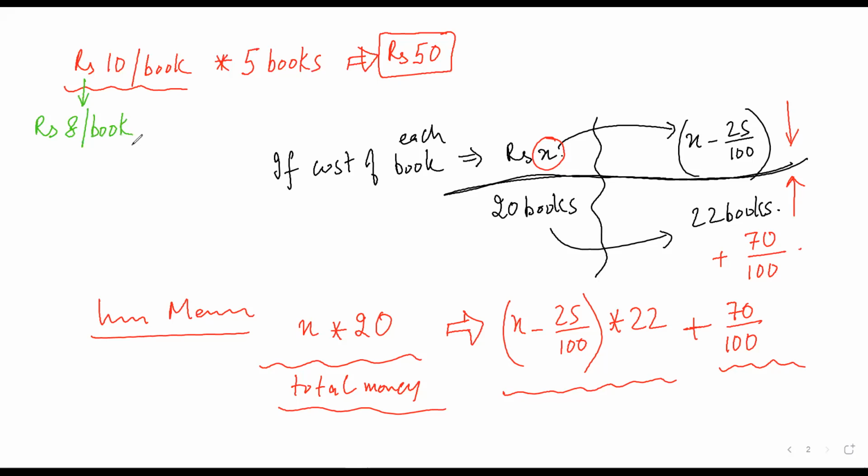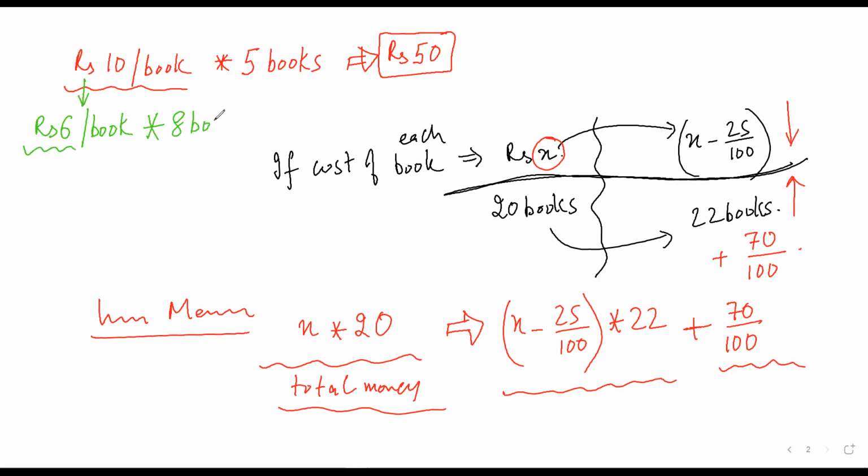Is it making sense or not? Yes, it's making sense. Let us reduce the price further, to rupees 6. Of course you will be able to buy more books. How many books will you be able to buy, Mr. Satya? 8. Shabash.